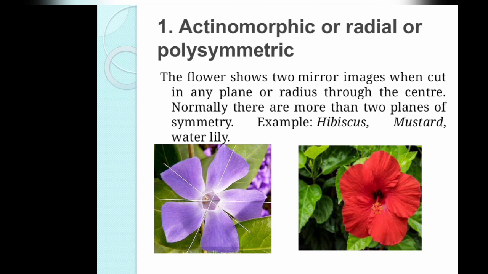If you try to divide the flower into two equal parts, the radial axis must pass through the center. You can see here, in any radial axis, if you cut it into two equal halves, the flower is divided into two equal parts. The symmetry axis must pass through the center. So this is known as radial symmetry, and examples are found in hibiscus, mustard, water lily.